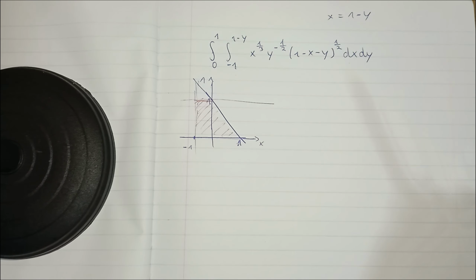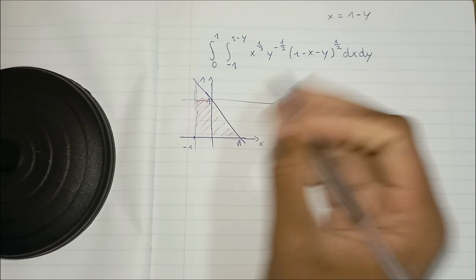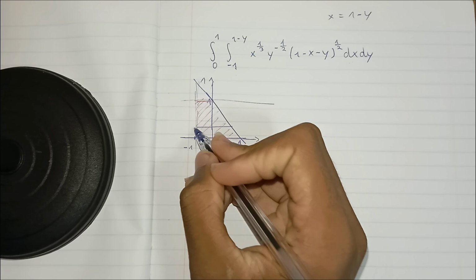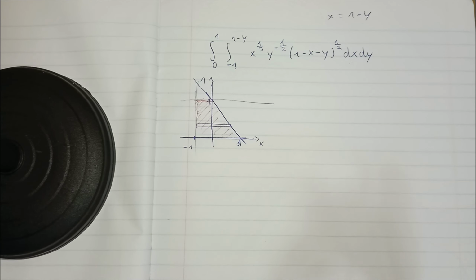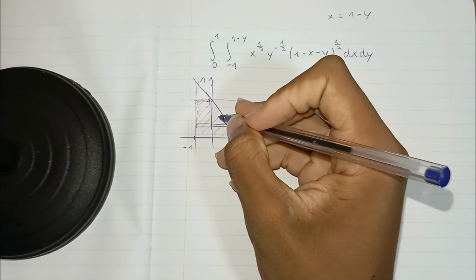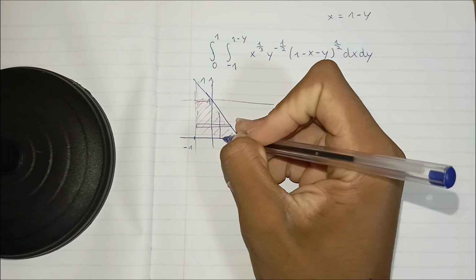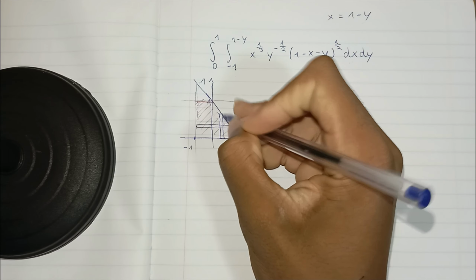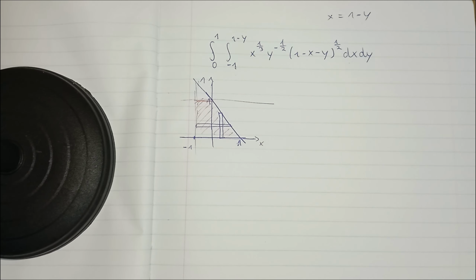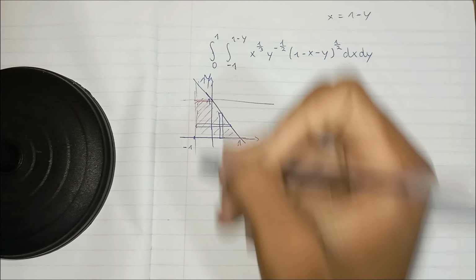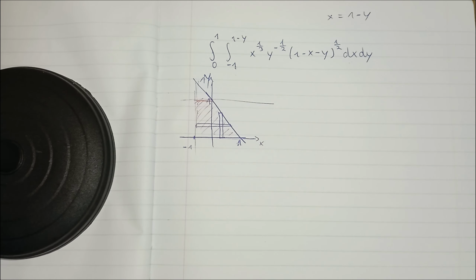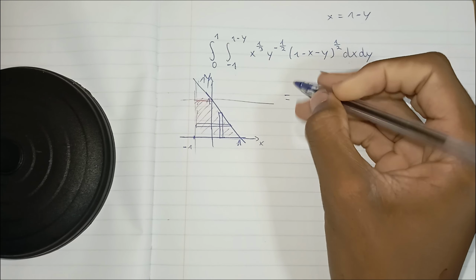And as you see, first we are integrating in terms of x, so y is constant. But I won't use this, I will change, because I want to use something really cool in the future. If you see now, x is constant, and I'm going to integrate first in terms of y. So yeah, let's go.